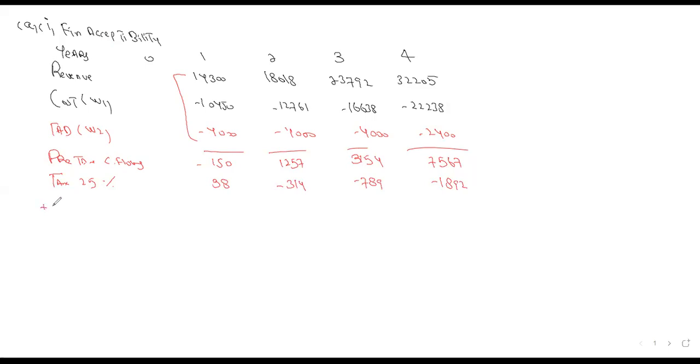Now add back the tax allowable depreciation: 4,000, 4,000, 4,000, and 2,400. Now the initial investment was 16,000. Scrap value was 1,600. Now the last adjustment for the working capital.